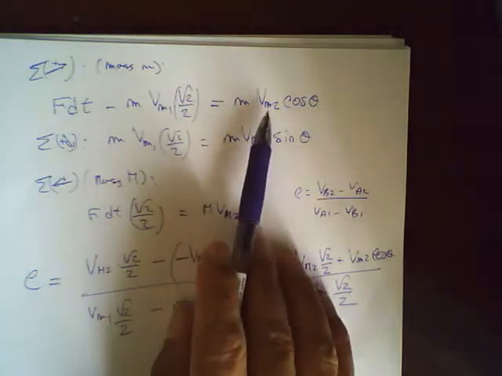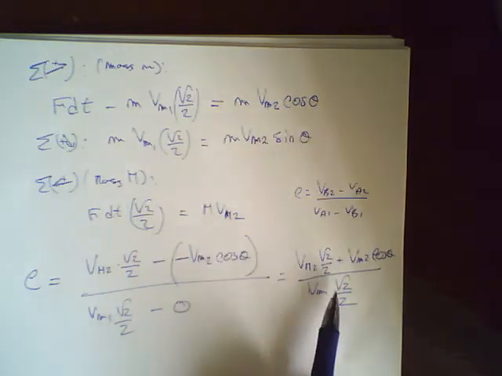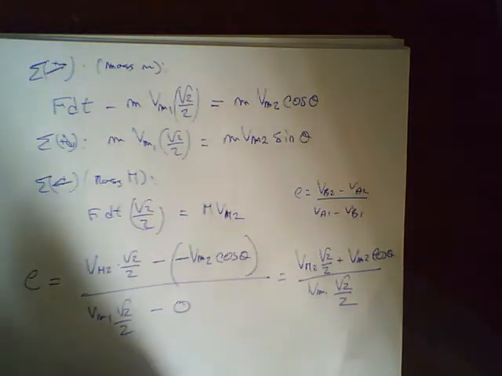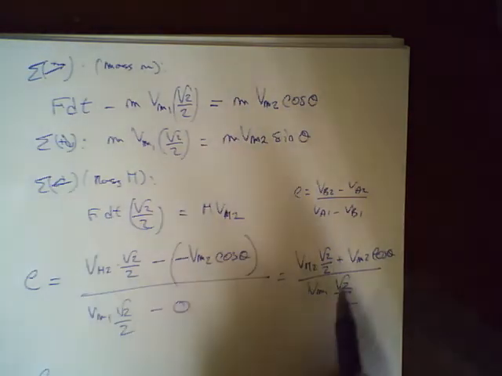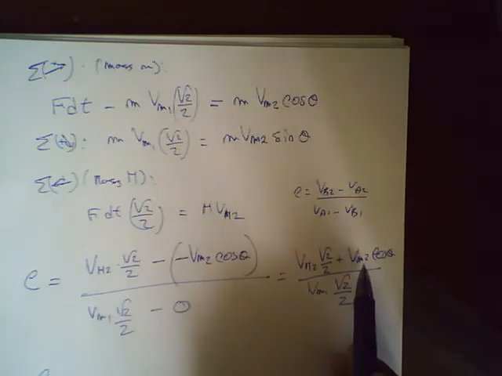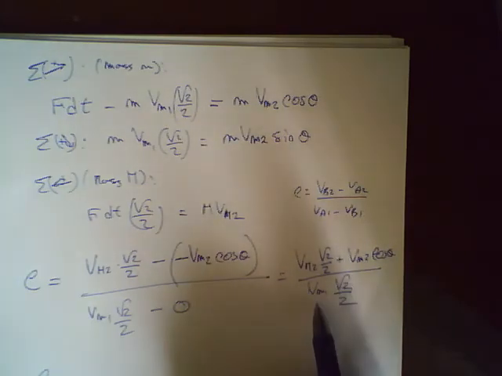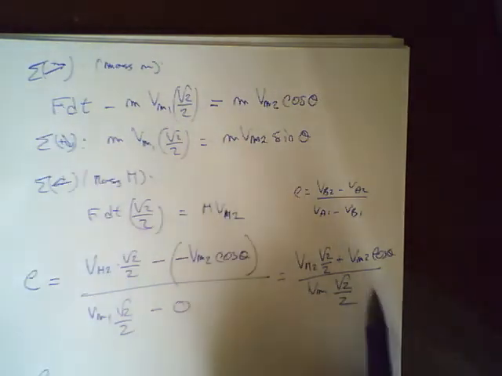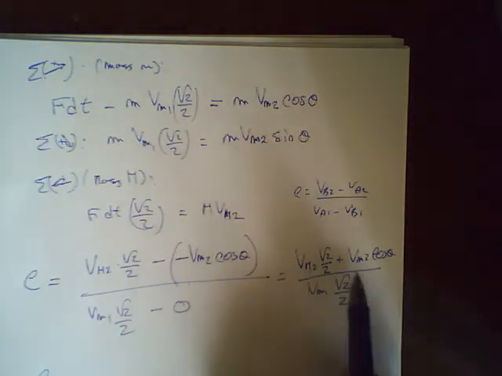I still need to know VM2 cosine theta 2. So from here, I can substitute VM2, I can find it in terms of VM2. So basically I'm reducing my unknowns to be able to solve for VM2.